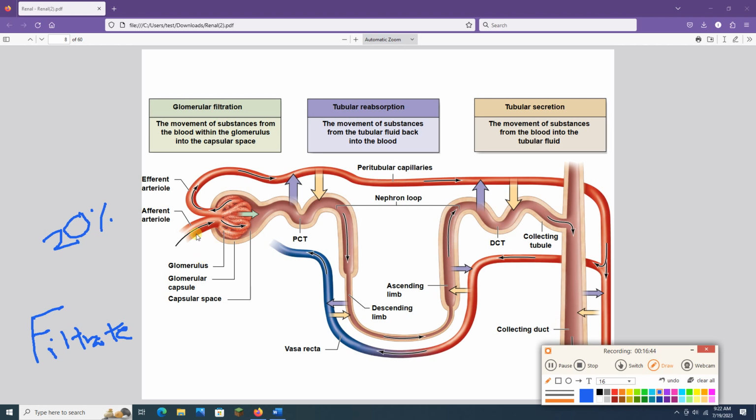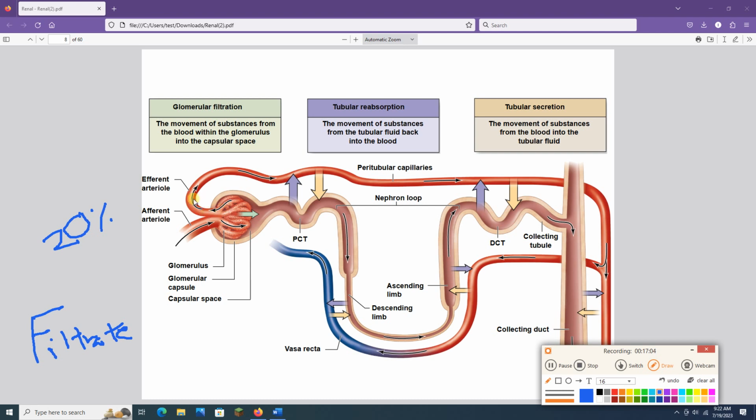Oh, I want you to notice something. Look at the size of the afferent versus the size of the efferent. Afferent is definitely bigger. What this does is it enhances the pressure here to drive filtration, to force liquid and solutes out of the bloodstream.